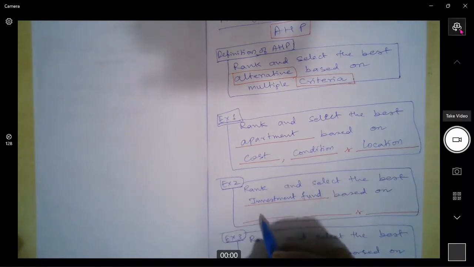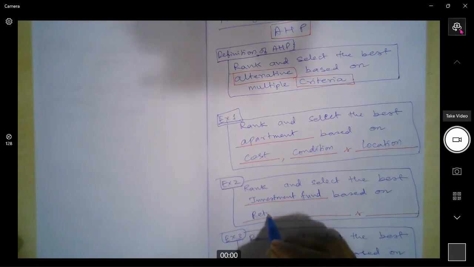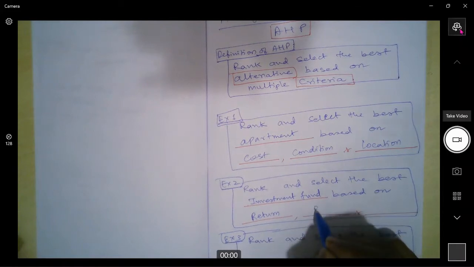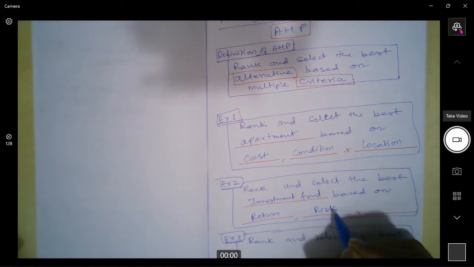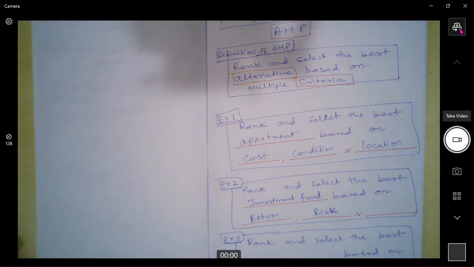So in this case, maybe the first thing you will see is the rate of return. Your more important criterion is high returns, but then risk is also there. Usually where risk is more, returns are also more, and if risk is less, the returns are less. But you want to balance them out and select the best one.